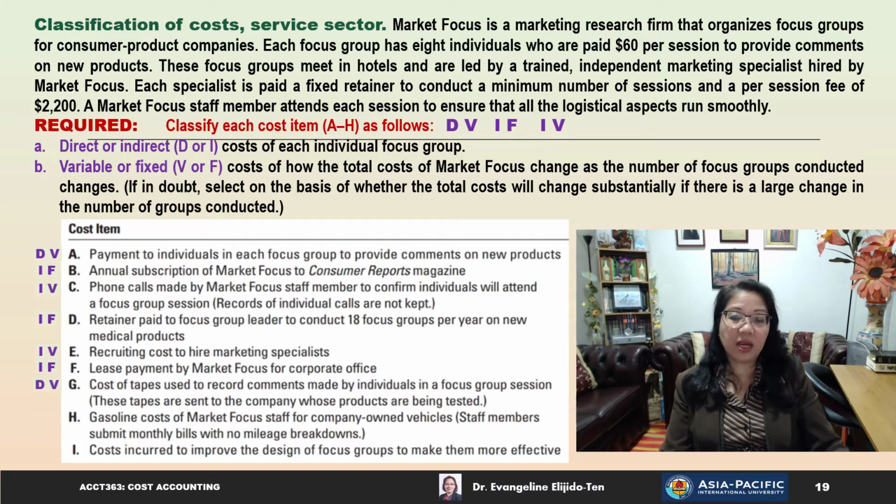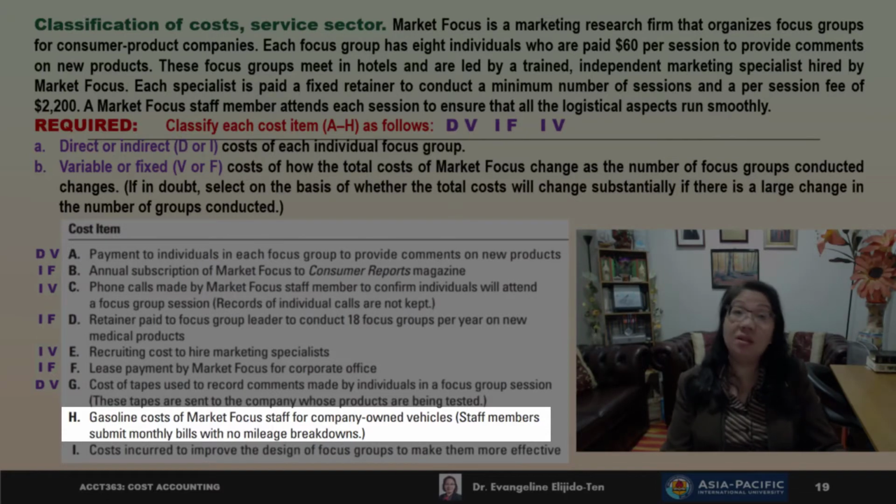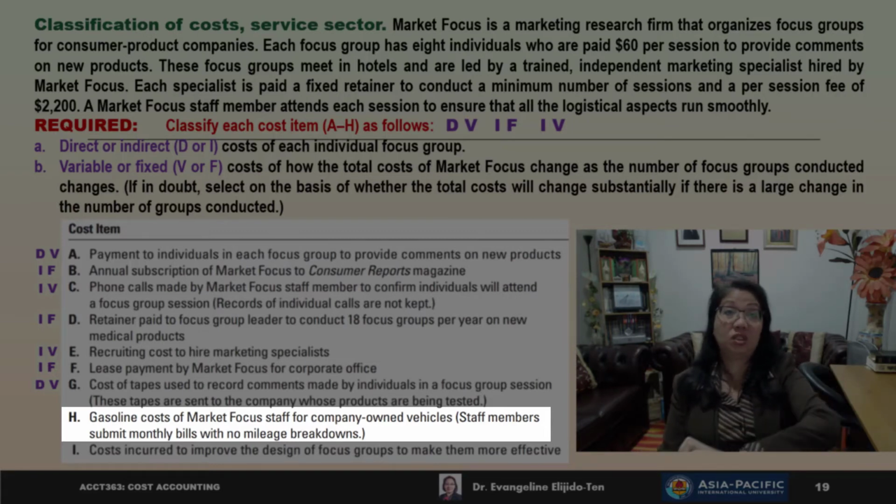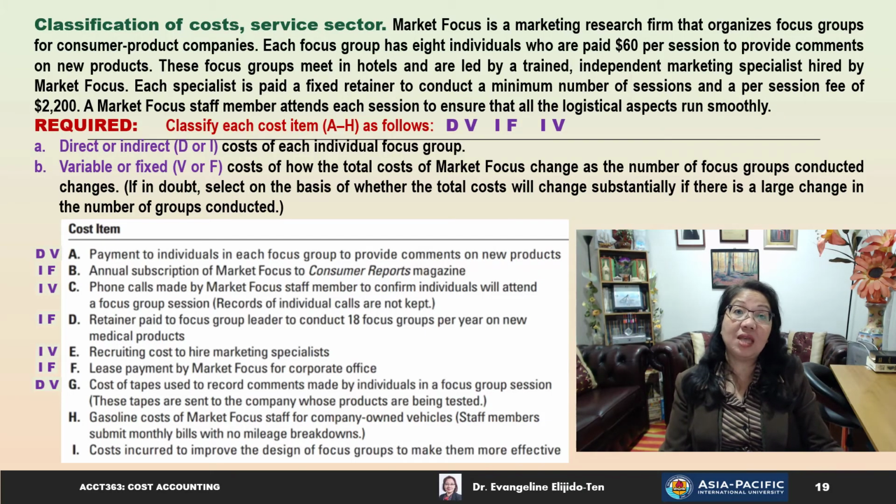What about H? Gasoline costs of market-focused staff for company-owned vehicles. And they say staff members submit monthly bills with no mileage breakdowns. So if there are no mileage breakdowns, then that means we can't trace what those mileage pertain to, and therefore it can't be directly traceable.